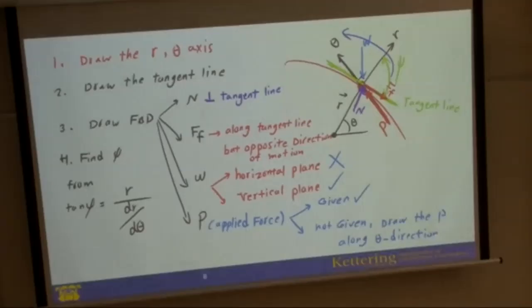Then when you have this psi, you can find the component of the normal force and the component of the weight along r and theta, and you need to use these equations: sigma Fr equals m ar, sigma F theta equals m a theta. These can be found from the free body diagram.